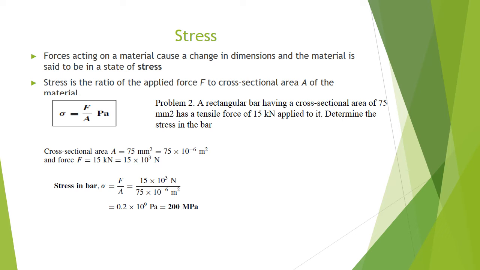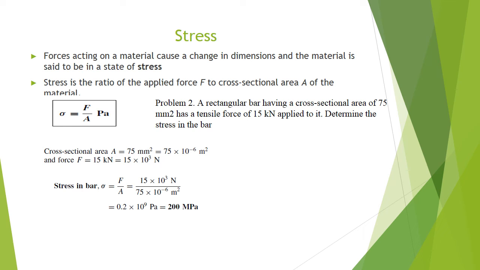These changes sometimes you cannot see with your naked eyes, and sometimes we need to calculate something we call stress, because when you expose a material to a force, it undergoes internal changes which you cannot always see. Stress is the ratio of the force applied to an object to the cross-sectional area of application, and it is given by F over A, where A is area and F is force.